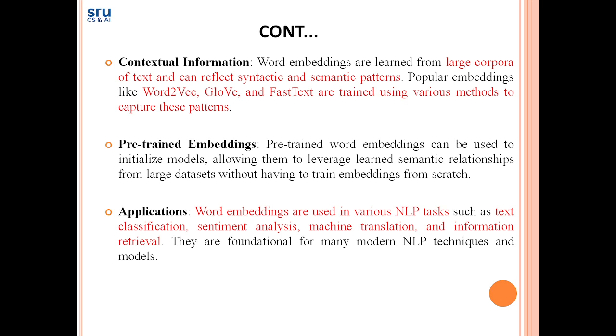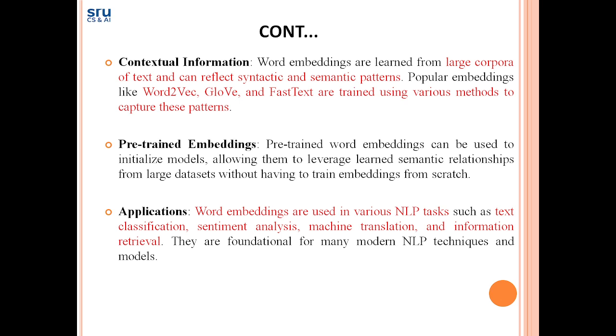Contextual information. Word embeddings learn from large corpora of text and can reflect syntactic and semantic patterns. Popular embeddings are word2vec, GloVe, and fastText, trained using various methods to capture these patterns.